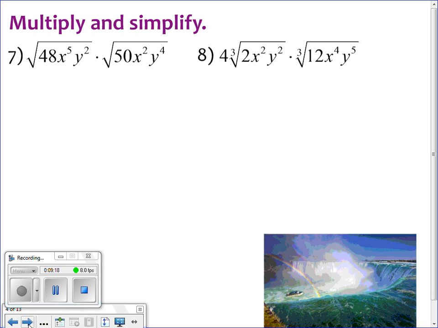All right. Number 7. Oh, we get some big numbers in there. But notice we're just looking at a regular old radical here. It's just a square root. Just 2400. X to the... good. What is my index? 2.